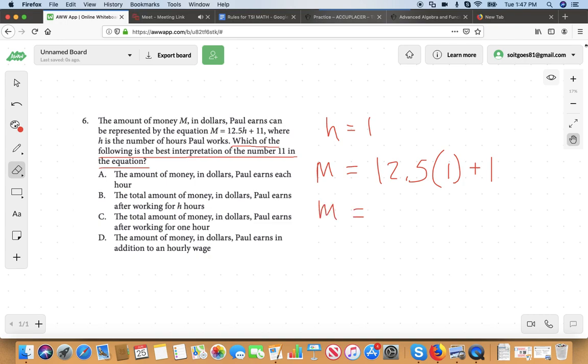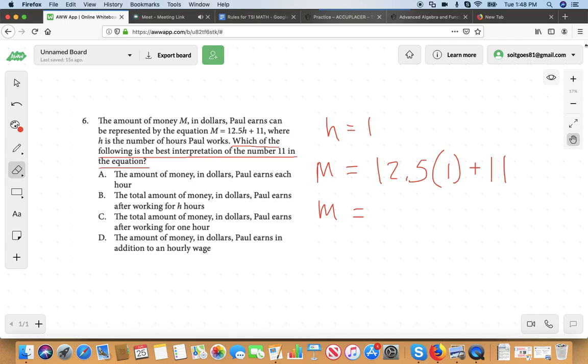Oh, it's not plus 1, it's plus 11. Sorry. There we go. How much money did he make after working 1 hour? So it's 12.5 times 1, which is 12.5, plus 11. You can add that on your calculator if you want to. So 23, well, you're rounding it. 23.5.